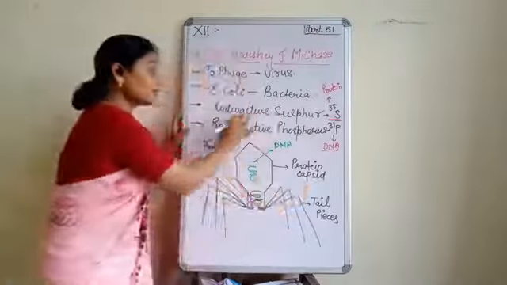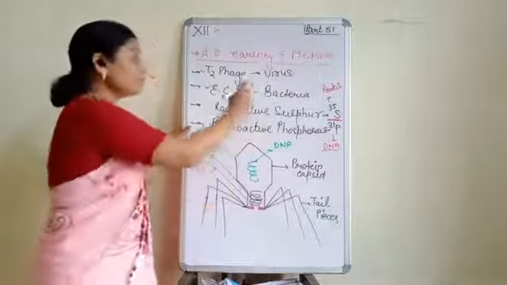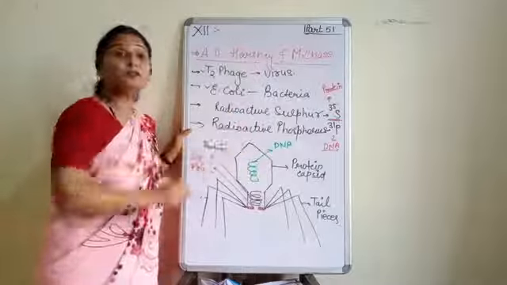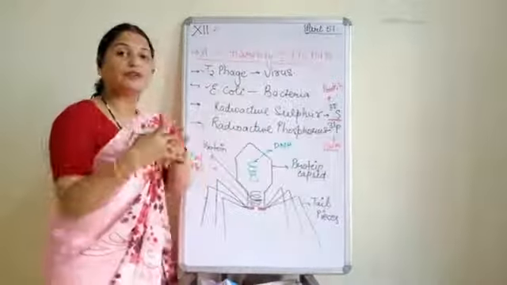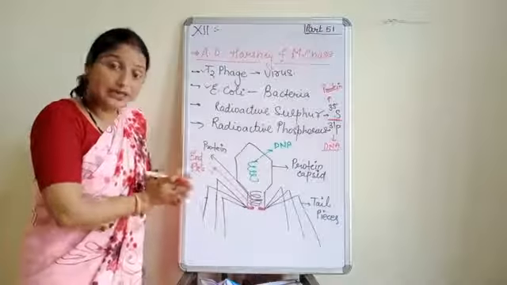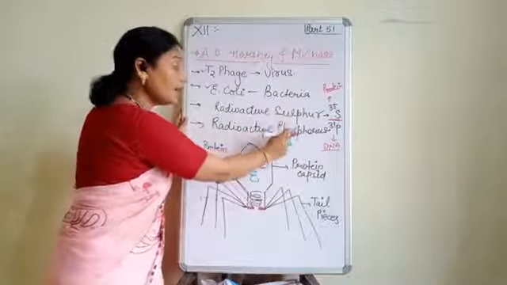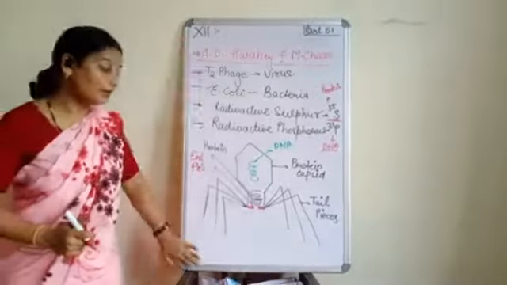And they have taken these as radioactive so that the sulfur can be incorporated with protein and the phosphorus can be incorporated with DNA and they can be easily visible. That's why they have taken radioactive sulfur and radioactive phosphorus. Okay, so these were their requirements.